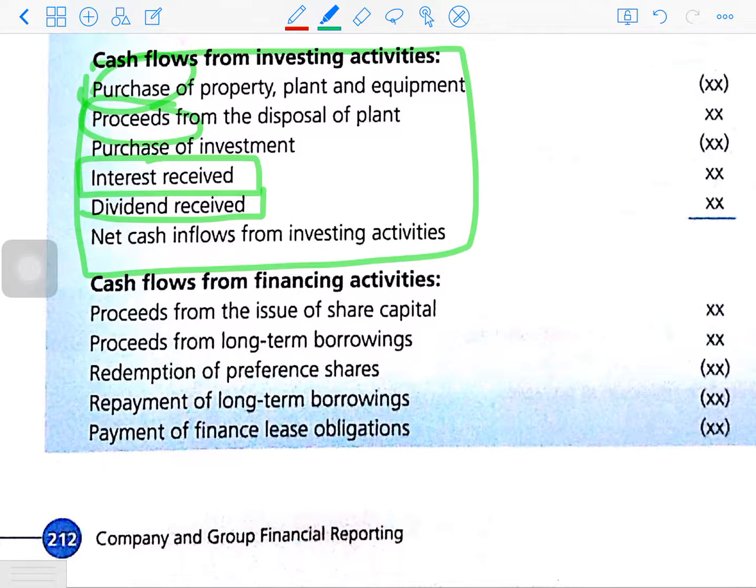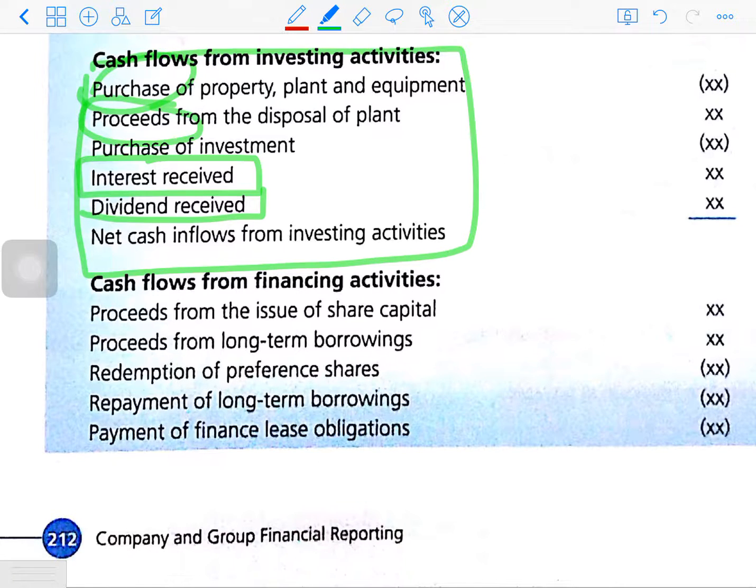So money coming in is normally in the form of issue of shares, issue of preference shares, issue of debentures, or you obtain a loan from the bank, right? This is money coming in. And then money going out will be in the form of where you redeem your preference shares, where you buy back your ordinary shares, share buyback, or you pay back your bank borrowings.